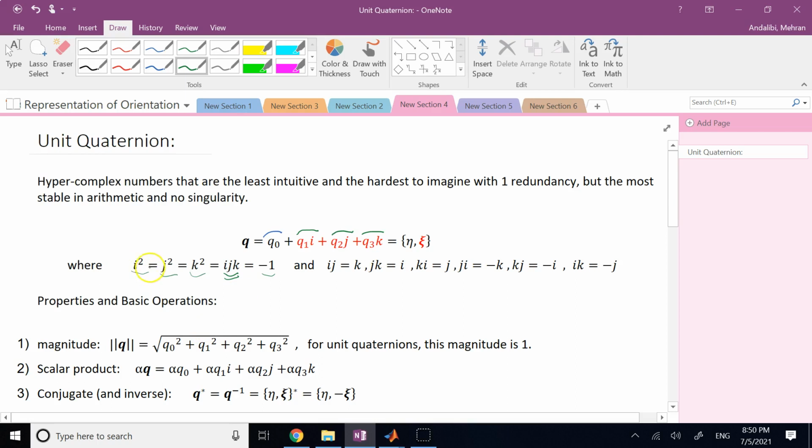And it might kind of come from the fact that if you square this ijk, it is like i squared, j squared, and k squared, correct? And you know that i squared is -1, j squared is -1, k squared is -1. So from here, you see that this ijk, the whole thing squared, is also -1.